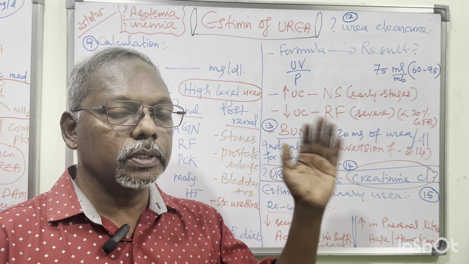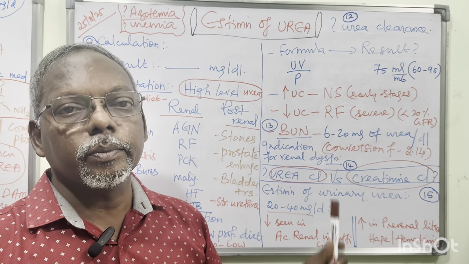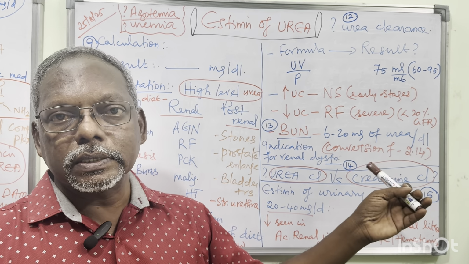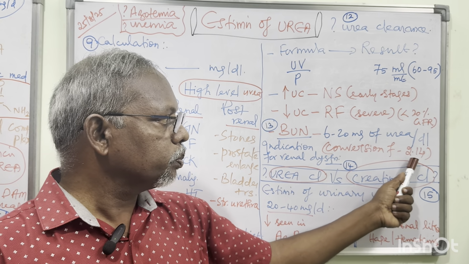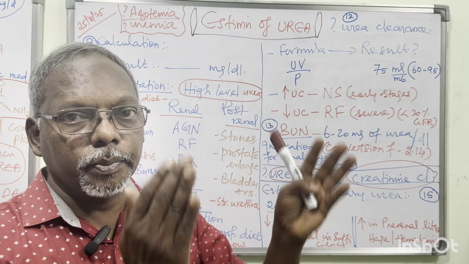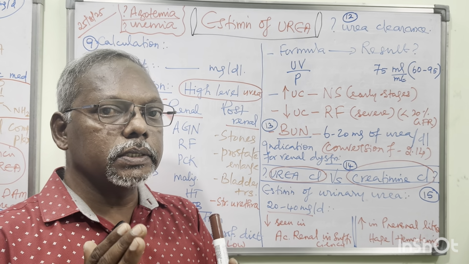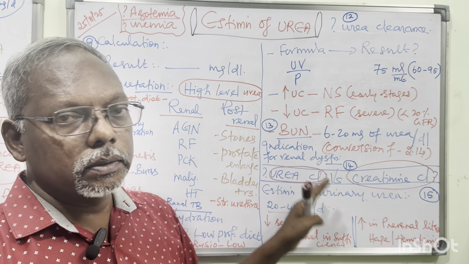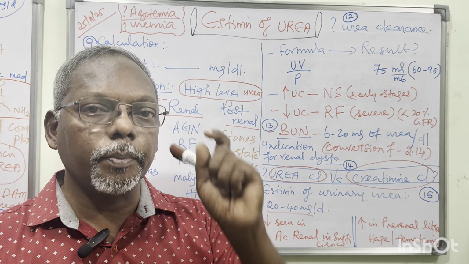Suppose the value is more than 100, more than 200, it is one of the indications of renal problem, right? Sometimes the examiner will ask what is the conversion factor for BUN to urea. That is 2.14: BUN value multiplied by 2.14 is equal to urea. Like that, the conversion factor 2.14 is for BUN.